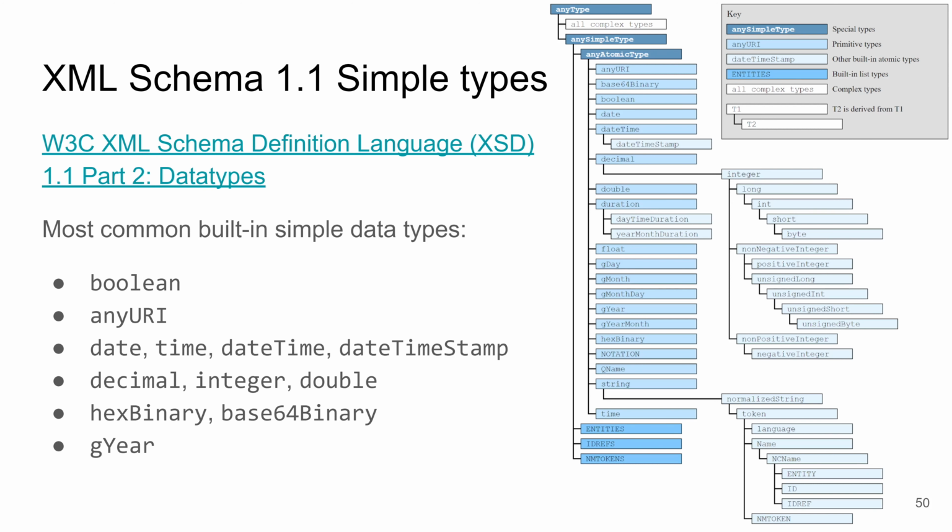And then there are some additional date types like gYear, which is used for representation of a Gregorian year, which is a regular year. Those are simple types, and there are many more, but we won't go into much detail here because we already talked about and used those data types elsewhere.